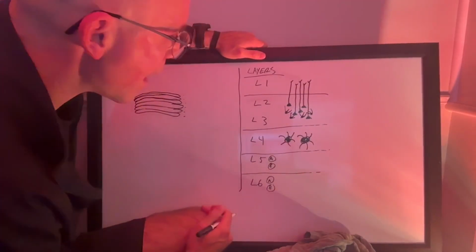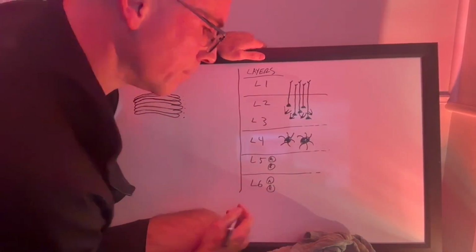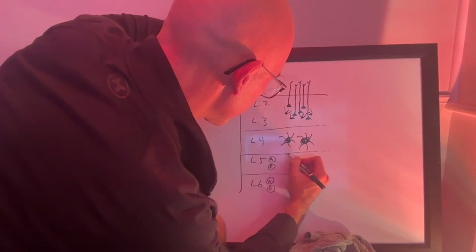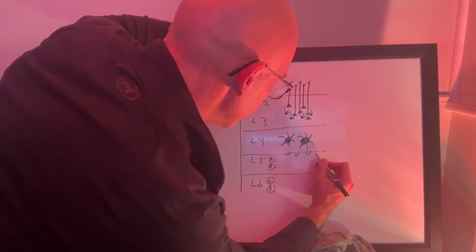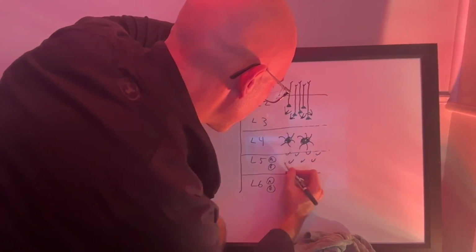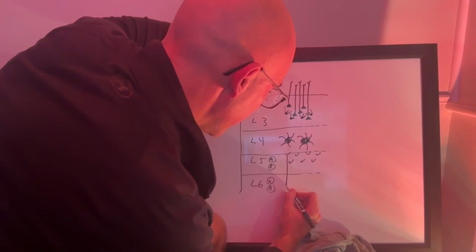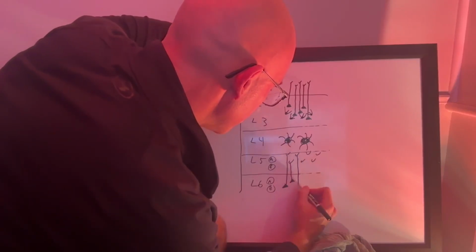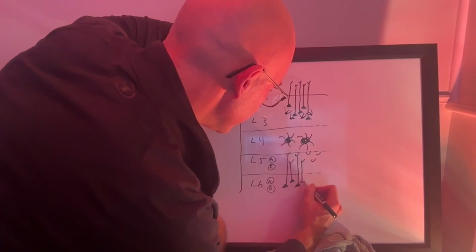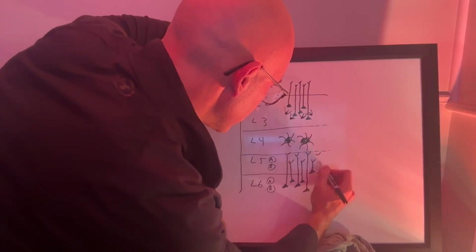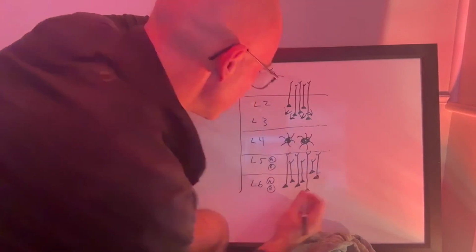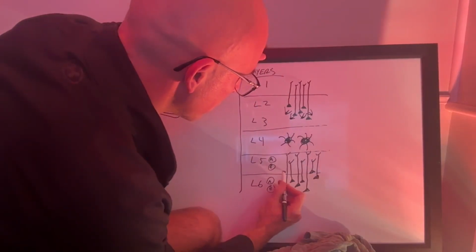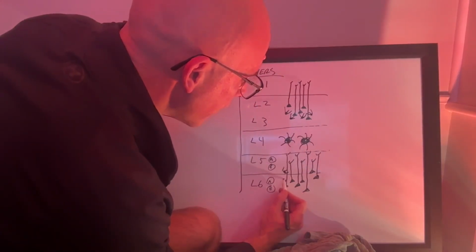And then layer 5 and 6, as we're working down, it kind of looks like layers 2 and 3. Okay, and there's also some parvalbumin here. There's also other types of GABA.